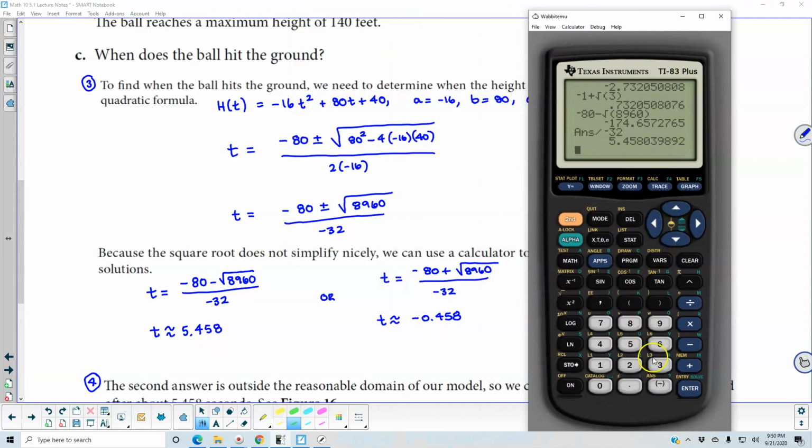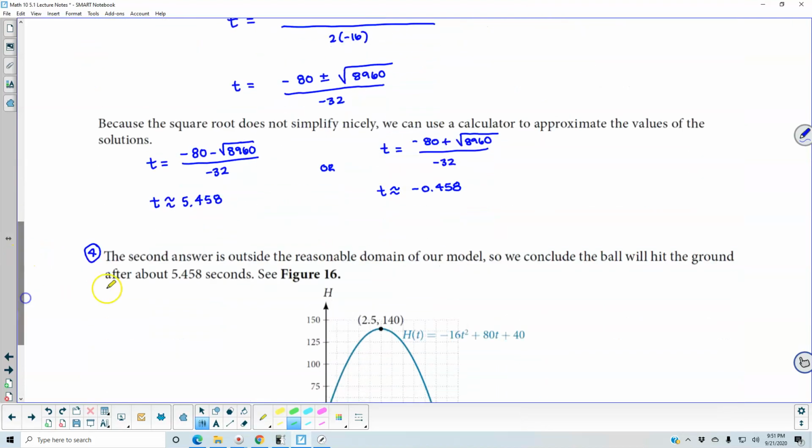Now, if we do the other one, we take negative 80 plus the square root of 8,960 and then divide that by negative 32. We get negative 0.548.